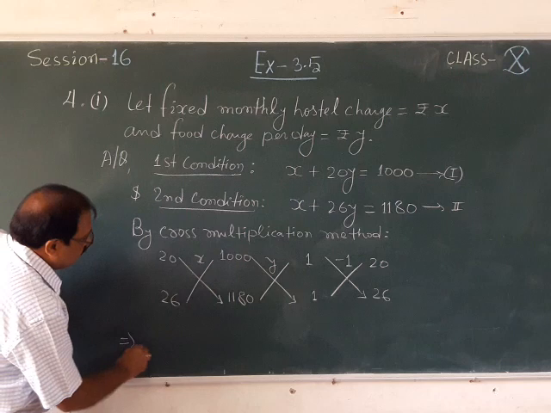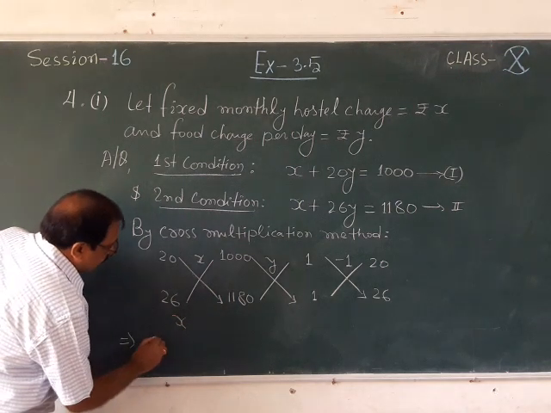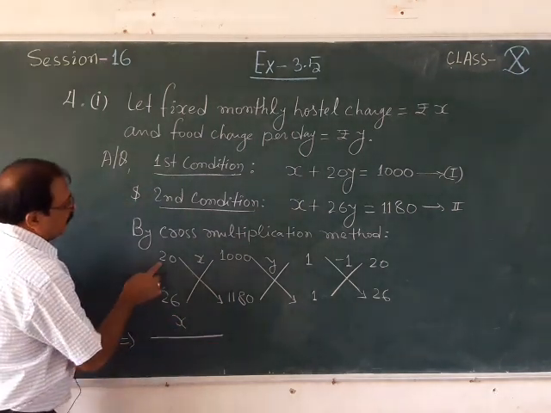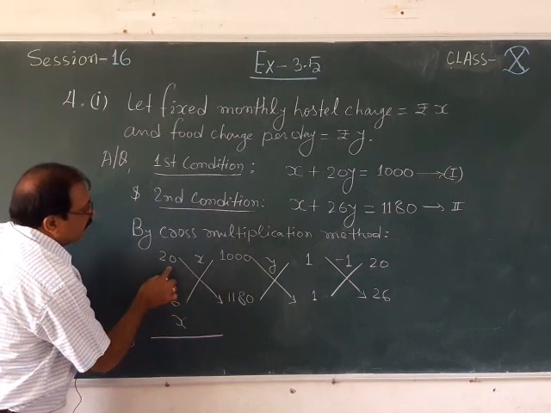Now after this step, you are aware that first I will write here x, then I will multiply 20 into 1180.